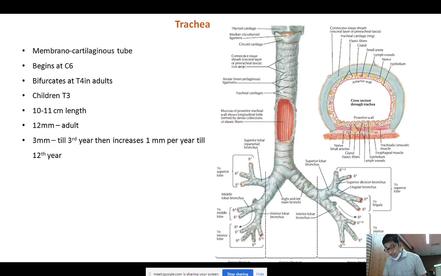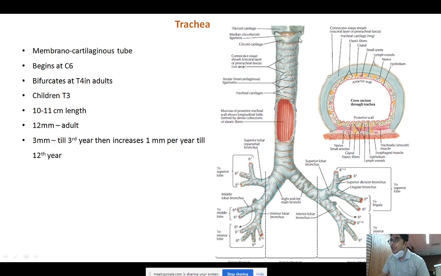You can ask. Okay. When we start with the trachea, it consists of the cartilage as well as membranes as well as muscles. So it should ideally be membrano-musculocartilaginous. I've written membrano-cartilaginous as given in the books, but actually it consists of these.